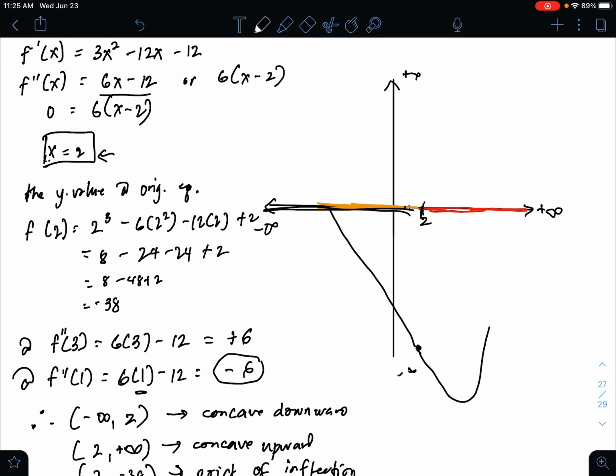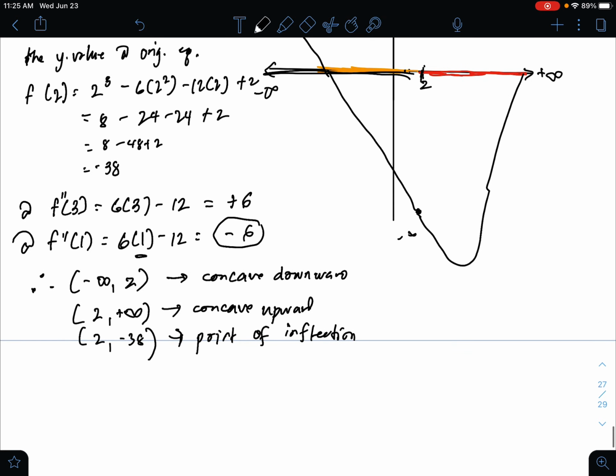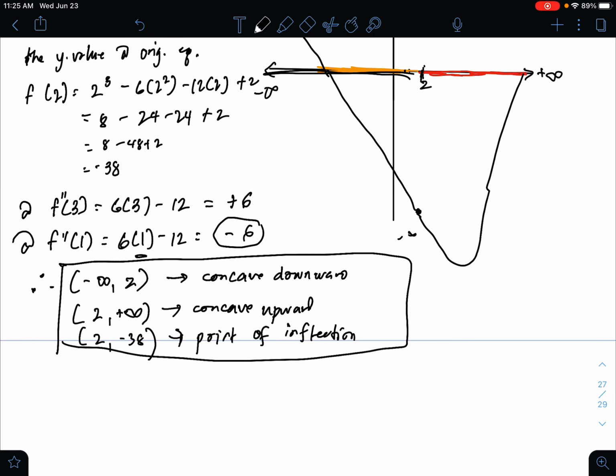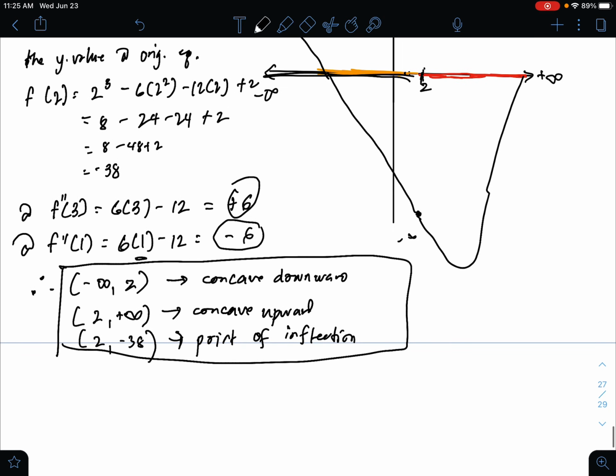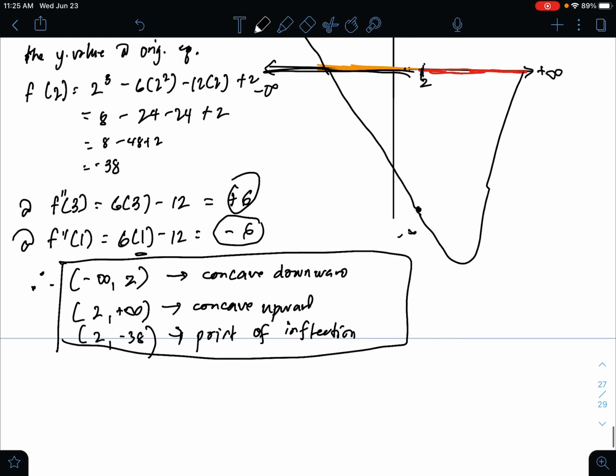Okay, tama na. Then, you box your final answer. So, para ma-determine lang nato kung concave upward, concave downward, mag-set og intervals sa left ug sa right. And then, pag positive, upward. Pag negative, downward.